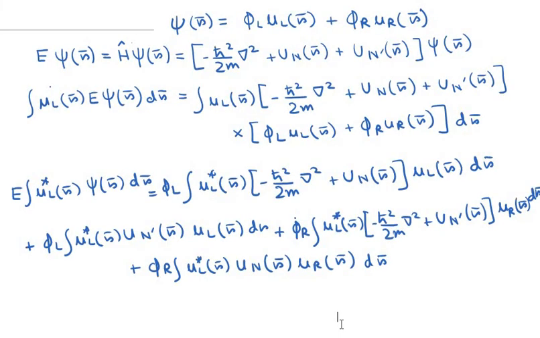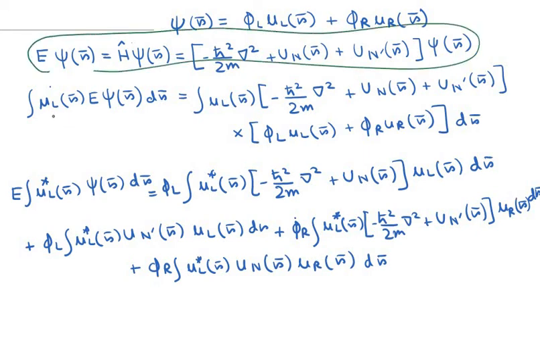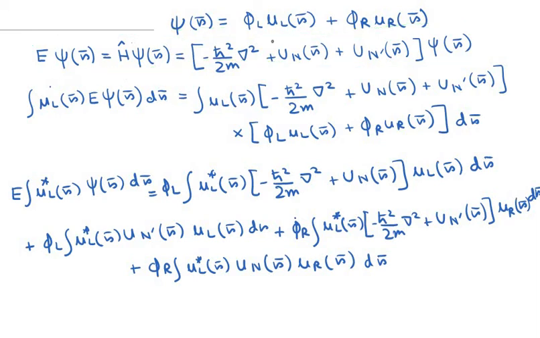Note that in arriving at that equation, we have multiplied both sides of this equation by UL R and integrated it. Both sides we have integrated. Now if we multiply both sides of this equation by UR and integrate, then we will actually get a different equation.